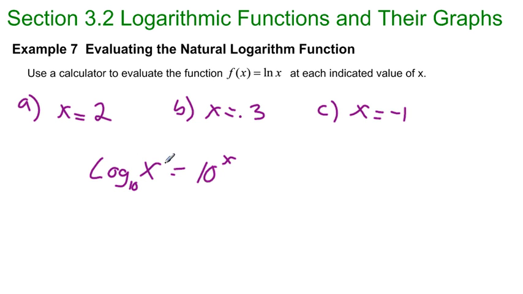Now what happens if we have a log that has a base e? If you have a log with a base e, we're going to call this ln of x, which we say as natural log.